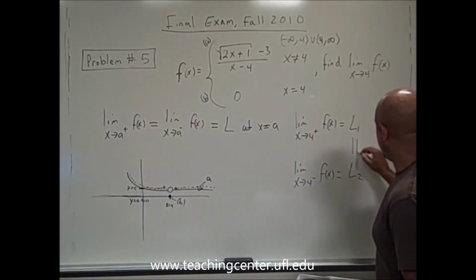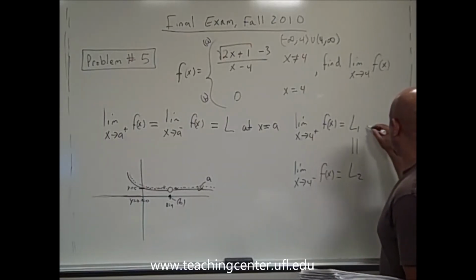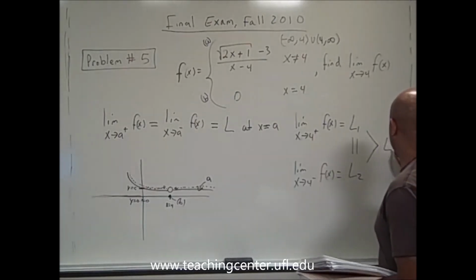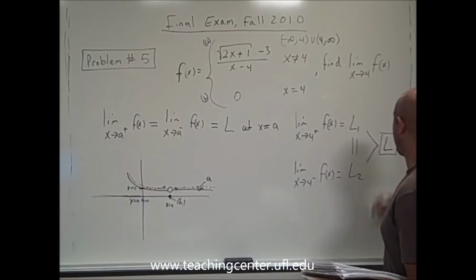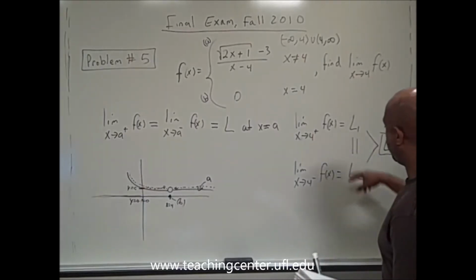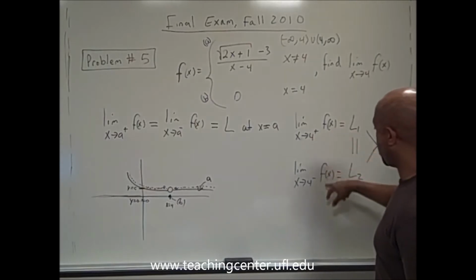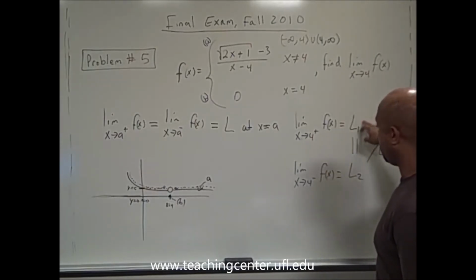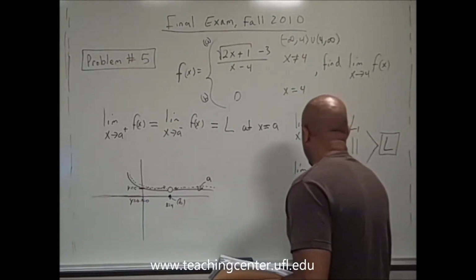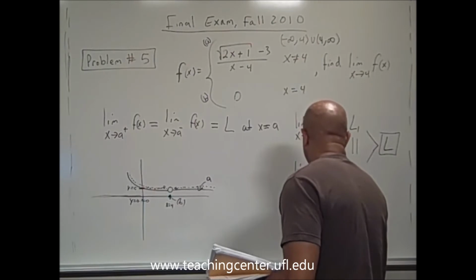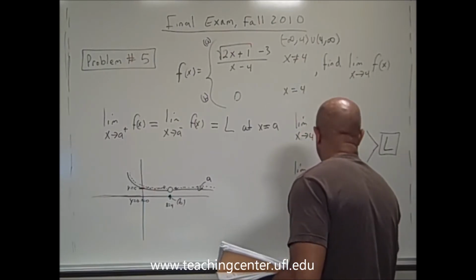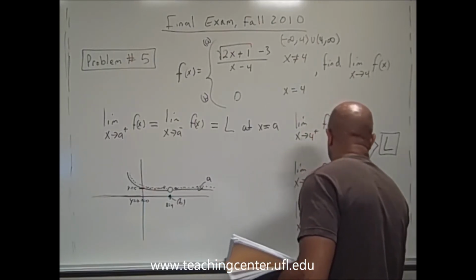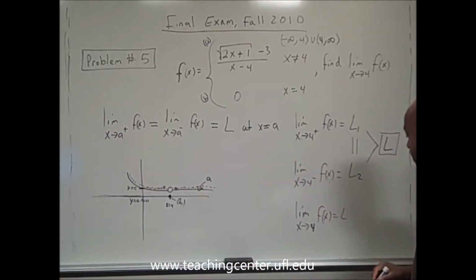And if these two are equal, then that is our limit, L. If we take the limit as x approaches 4 from the right and from the left, and we get some L1 and some L2 such that both of them are equal, then the limit as x approaches 4 of f of x is just equal to that L, which is also equal to L1, which is also equal to L2.